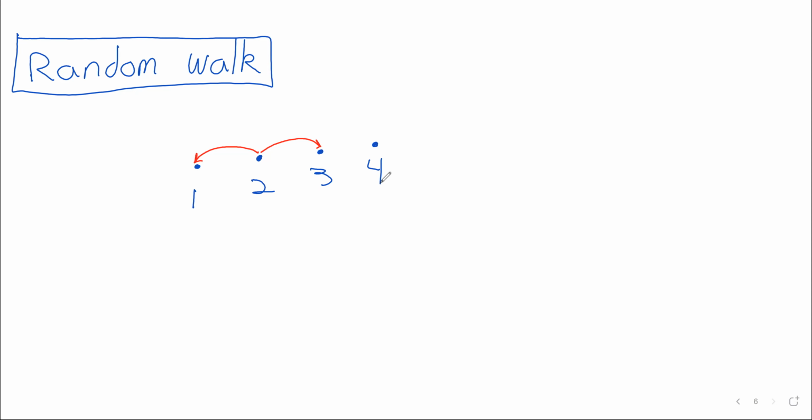From state 3, we can go to state 2 or state 4.